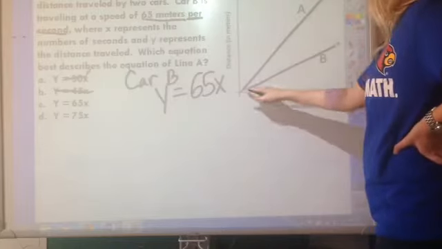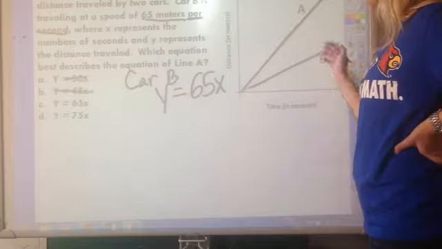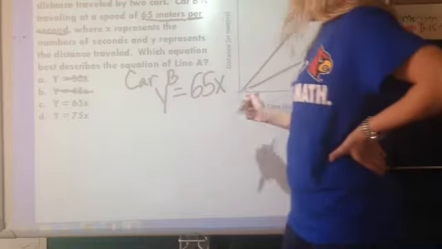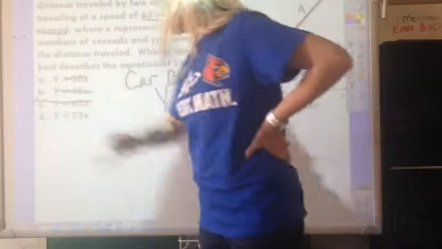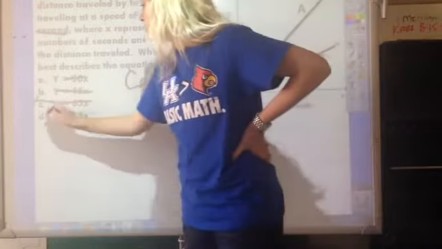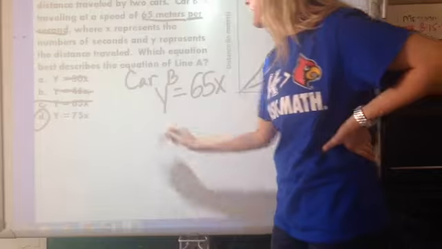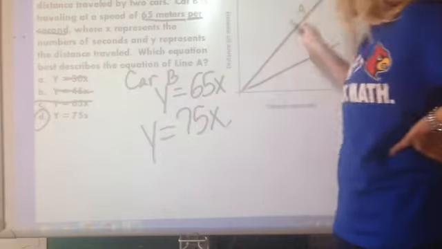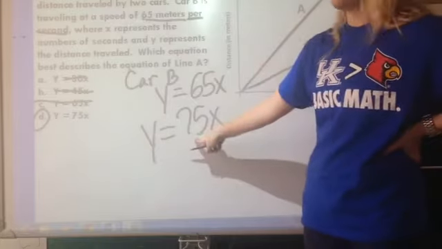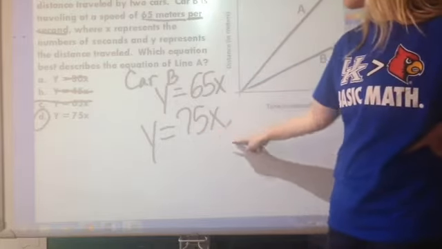And we already know that car B is traveling at a rate of 65 meters per second, and since these are not the same lines, we can go ahead and eliminate choice C. And that, of course, will leave me with choice D, y equals 75x, which means that car A is traveling at a rate of 75 meters per second.